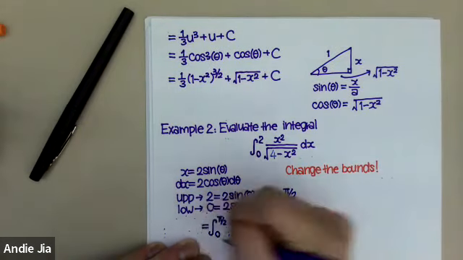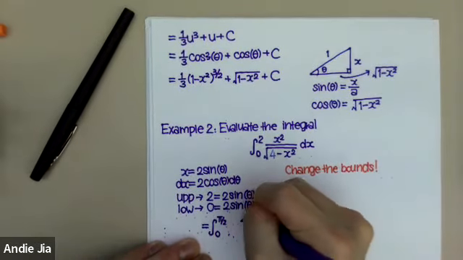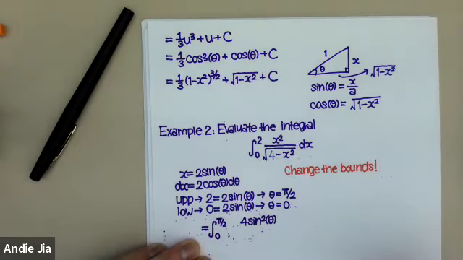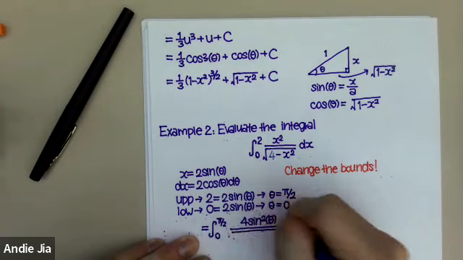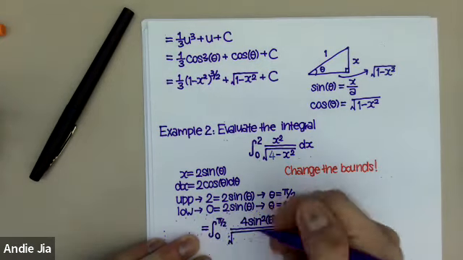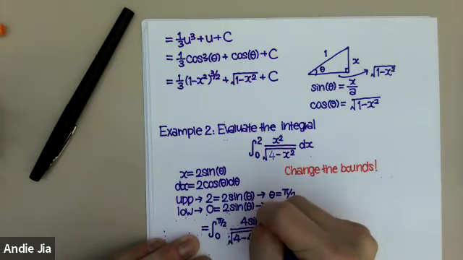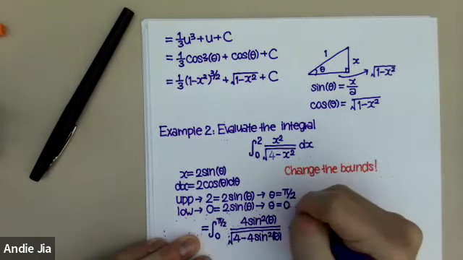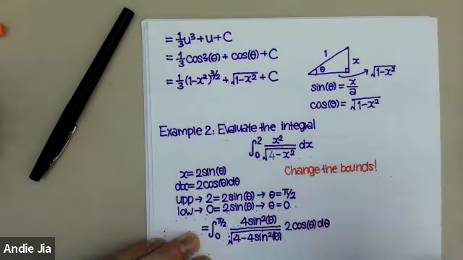Use the 7.2 strategy. x squared is going to be 4 sine squared of theta. Oh, theta, not x. And then it's going to be 4 minus 4 sine squared of theta, and 2 cosine theta d theta.